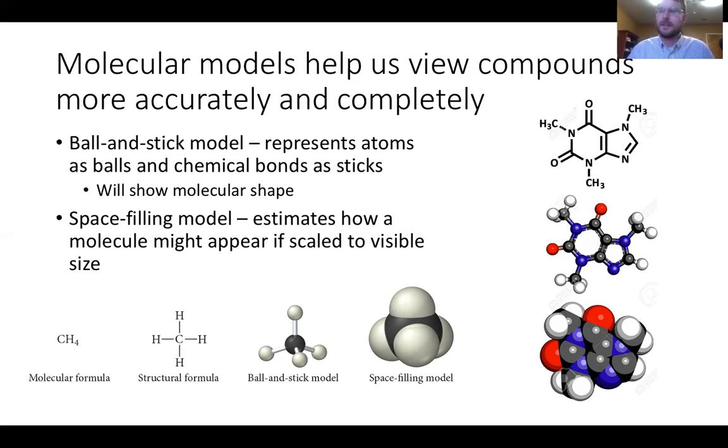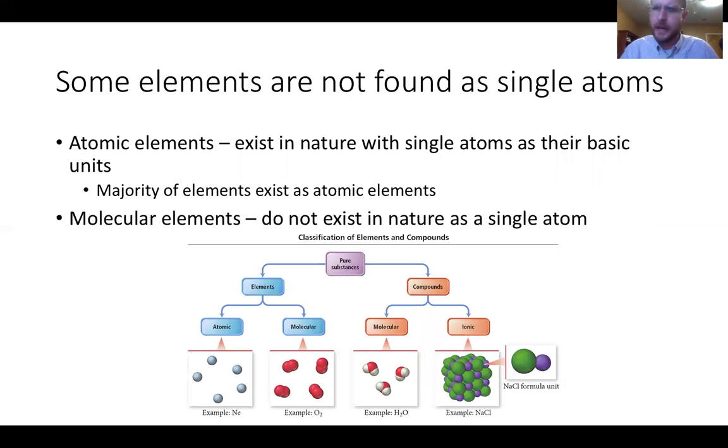And the one on the bottom is methane, CH4, carbon tetrahydride, in the space filling model. You can see that they're different sizes, but there's not a lot of space in between. If we were to scale these up, this is what they might look like. We'll talk later about why we care about the shapes. It has a lot to do with pharmaceuticals and things like that.